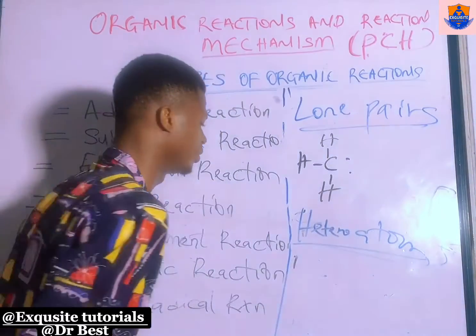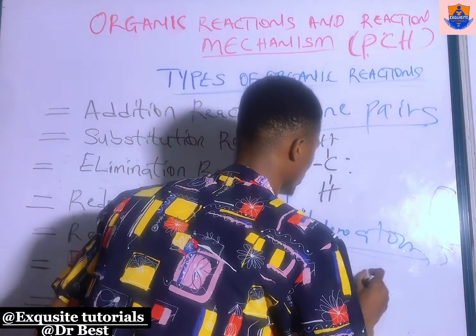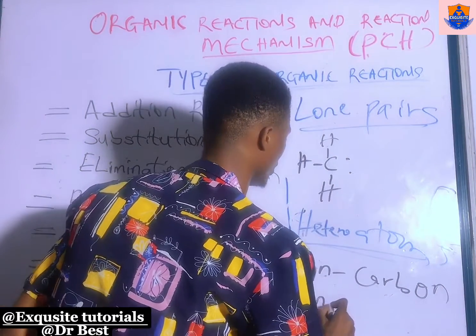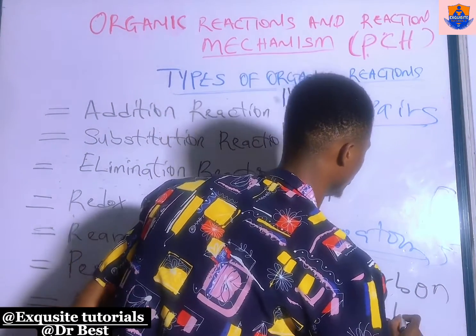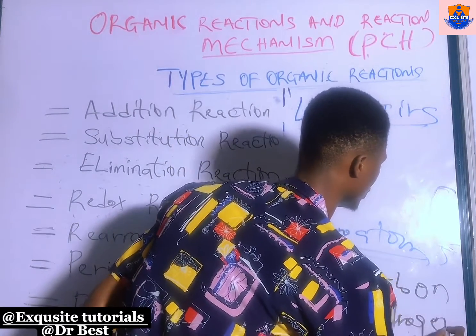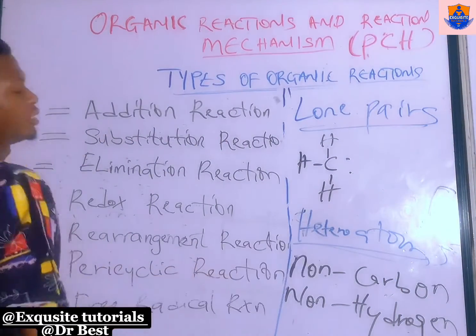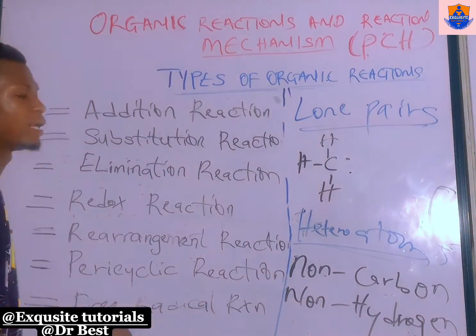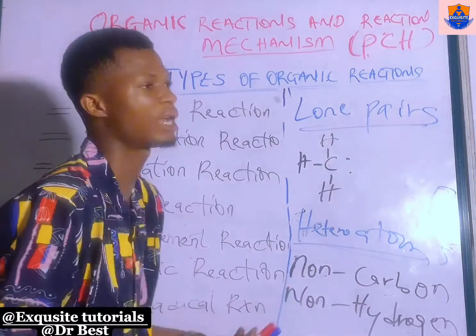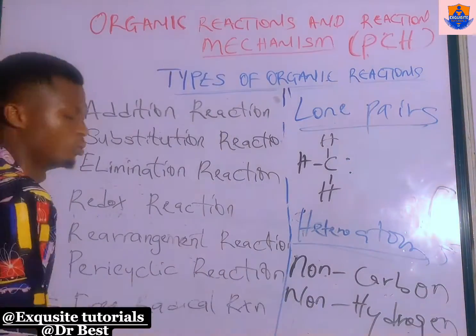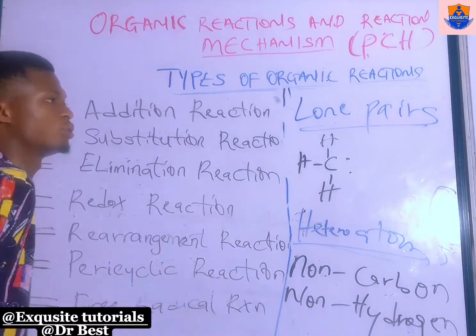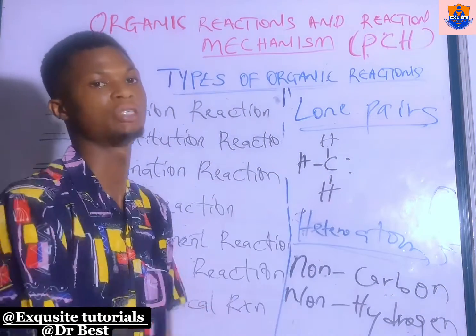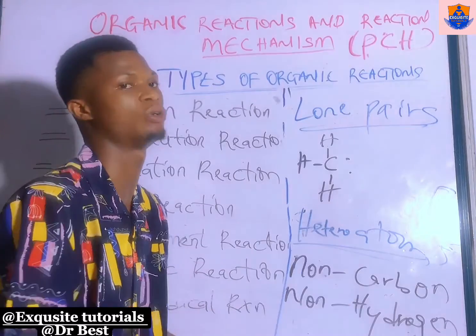Heteroatoms are non-carbon, non-hydrogen atoms that are present in an organic compound. So any atom that is not carbon and not hydrogen in an organic compound is regarded as a heteroatom. E.g., your halogens, chlorine, they are all regarded as heteroatoms.